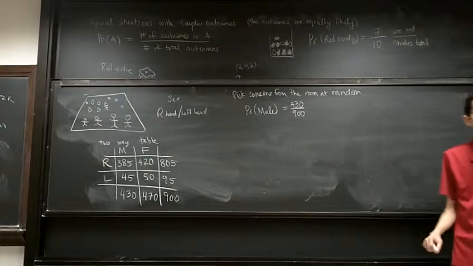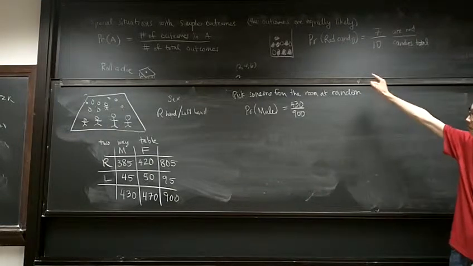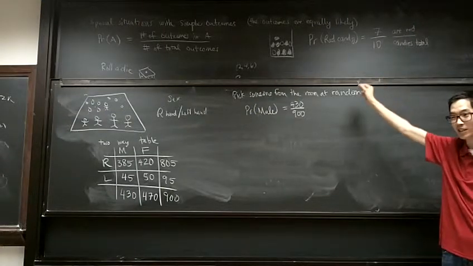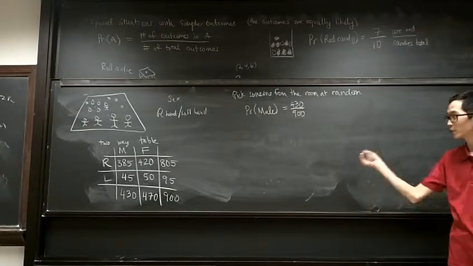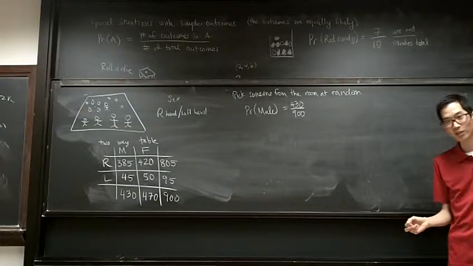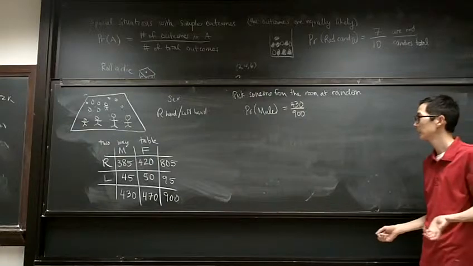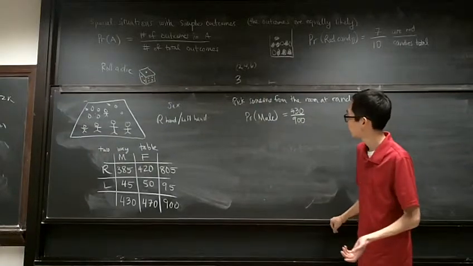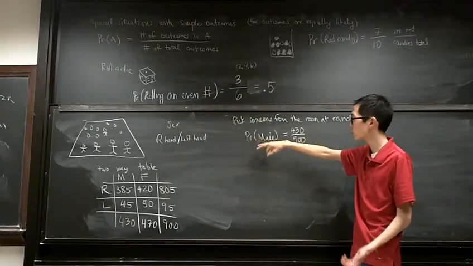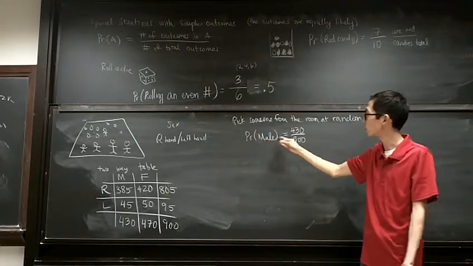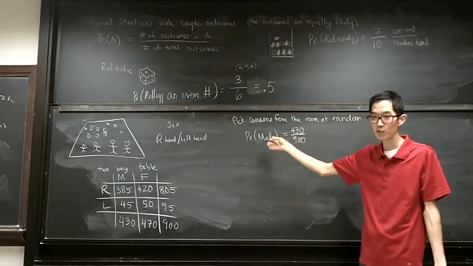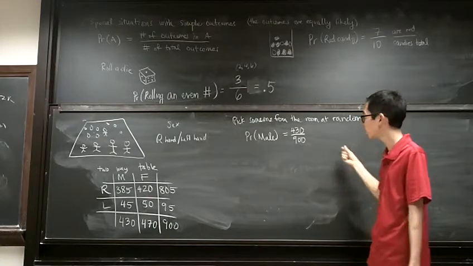So it's the same. It's almost just like drawing a candy out of the jar, except now it's a room with 900 people, but still, we're just picking someone at random. Every person has an equal chance of being selected. So this is still a simple outcome: number of outcomes in A divided by total number of outcomes possible. There are 430 people classified as male out of 900 people total.